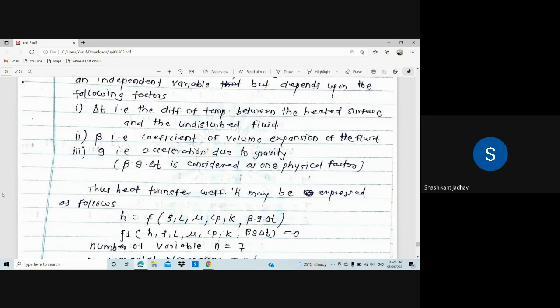So write down the additional factors on which it depends.